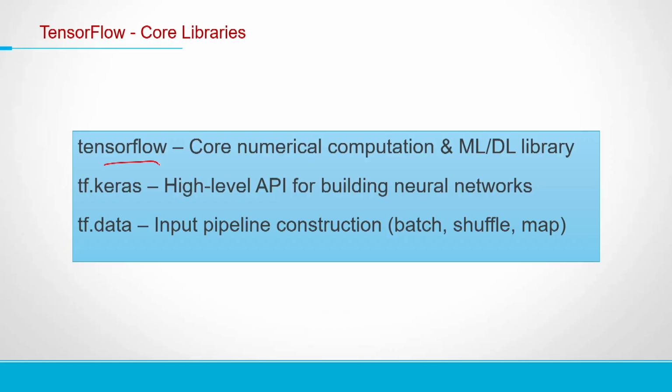Now, to know what functionalities are available in these libraries, to summarize a few: TensorFlow is the core computational ML or DL library, and tf.keras is the high level API for building neural networks. tf.data is the input pipeline construction, which helps to construct tensors in batches, perform shuffling or map the elements.